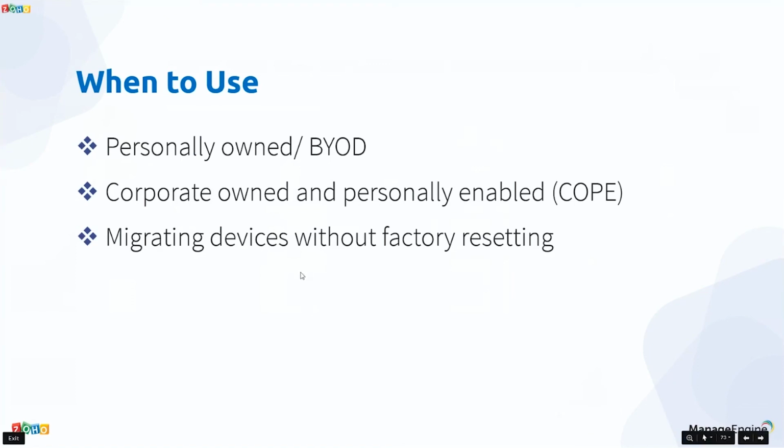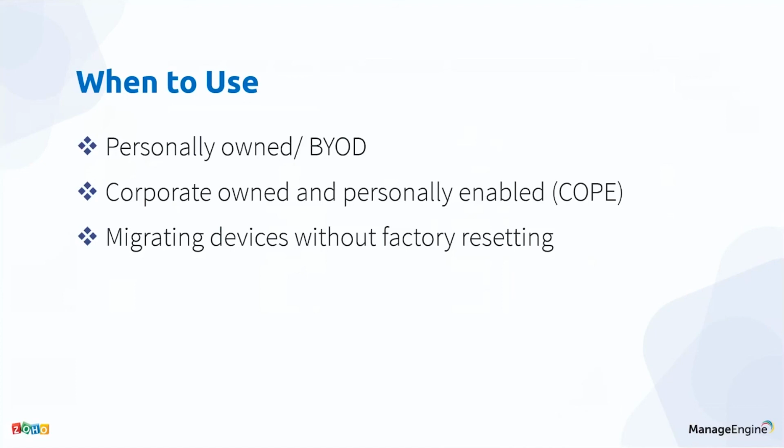Even if you're migrating devices from an existing solution to ME MDM, you can make use of these enrollment methods. Because for new devices, or devices that you factory reset, from the initial welcome screen you get a complete management scope, which I'll demonstrate in the upcoming slide.